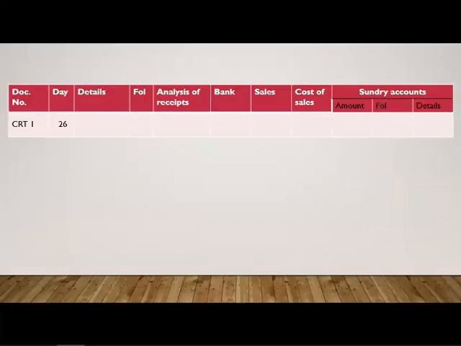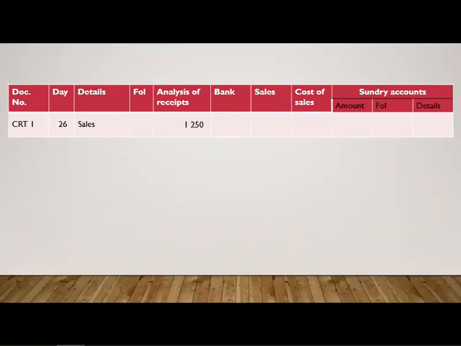In the cash receipts journal, whenever we sell goods for cash, we normally write the source document as CRT, which stands for cash register tape number 1. And then it happened on the 26th, we'll have sales. Analysis of receipts will be the selling price.